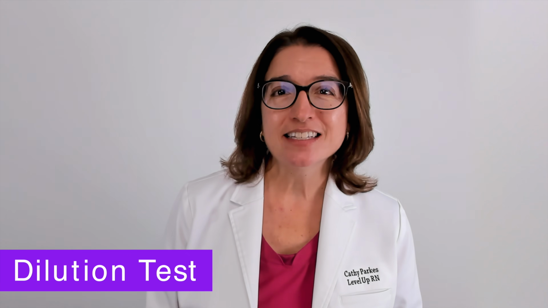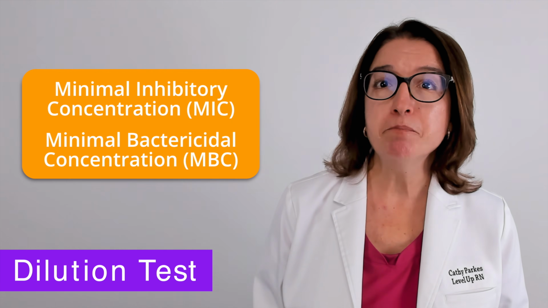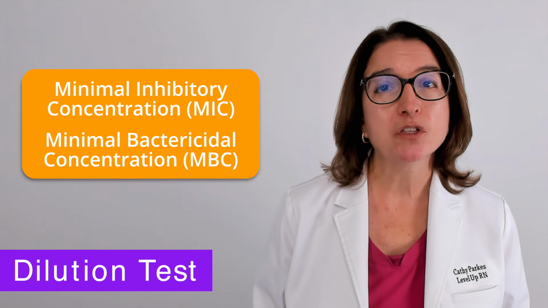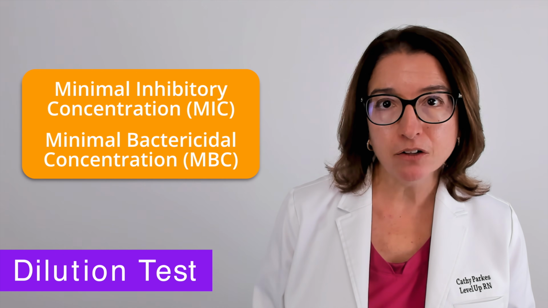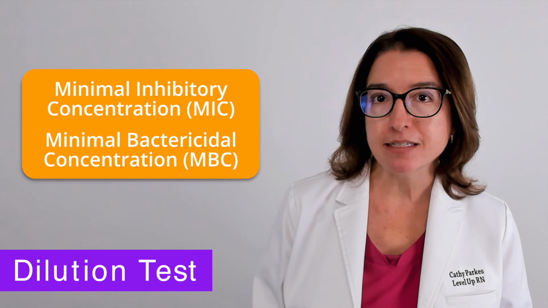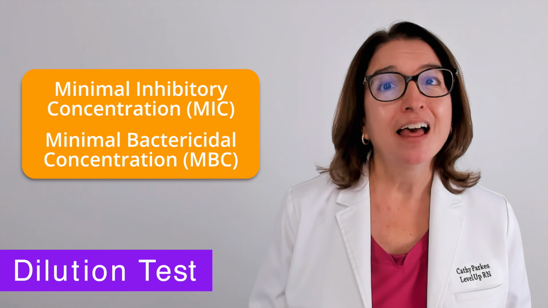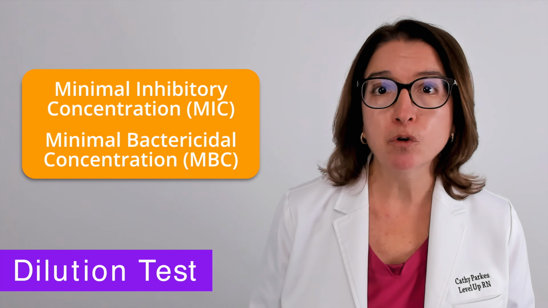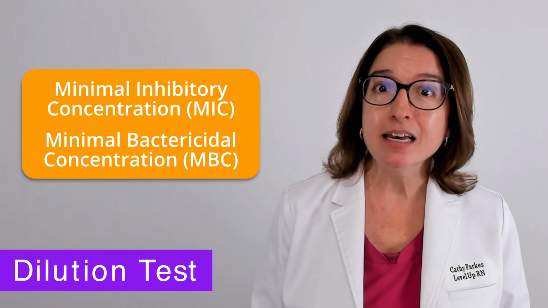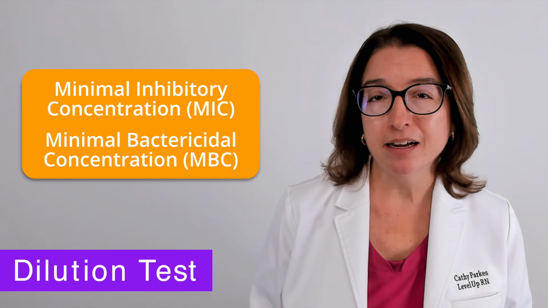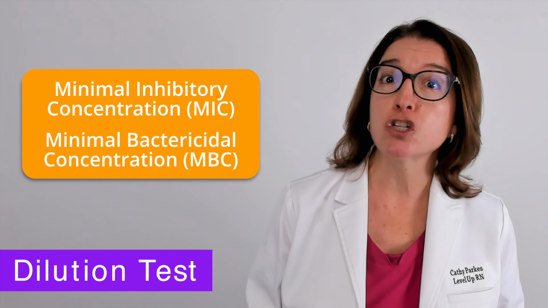The dilution test is used to determine a drug's minimal inhibitory concentration, or MIC, as well as the drug's minimal bactericidal concentration, or MBC. So MIC is the lowest drug concentration that inhibits visible bacterial growth, whereas MBC is the lowest drug concentration that kills 99.9% of the bacteria that we started with.